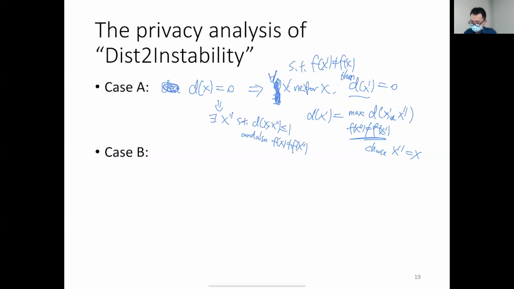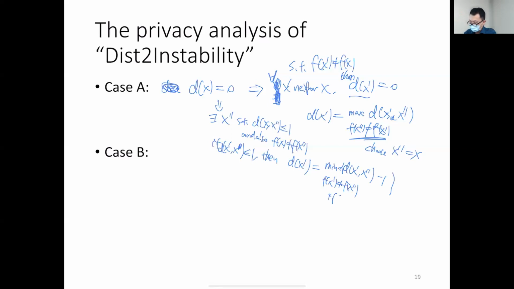And now if we consider x' being a neighbor, then the distance to instability d of x' is equal to the minimum of this.